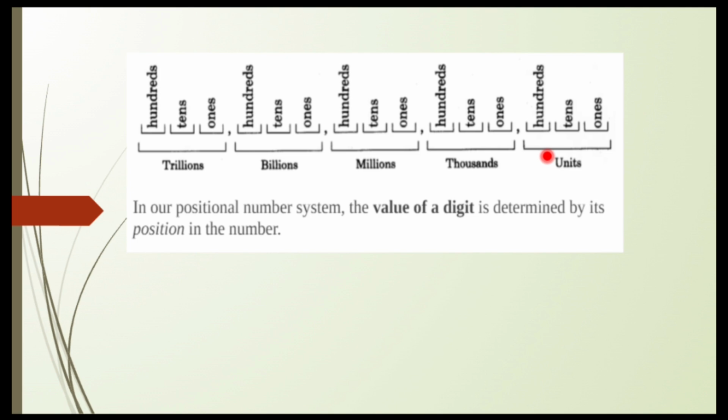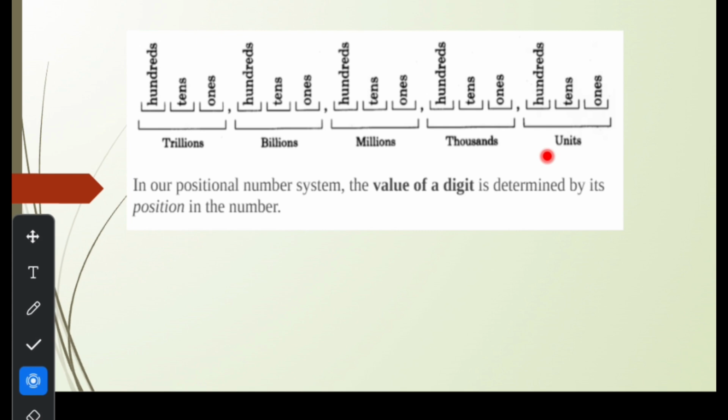People were happier using this positional number system, which basically divides numbers into groups of periods. The first period, at the rightmost side of the number, is named units. Moving towards the left, the periods are named thousands, then millions, then billions, and finally trillions.